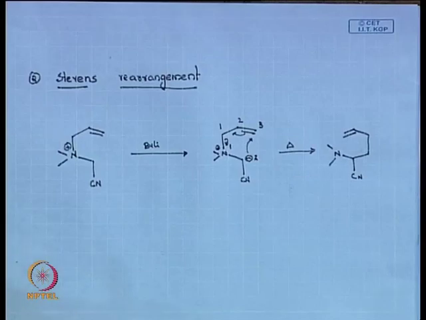Good reactions. This is your Stevens. First you saw Wittig rearrangement, now Stevens rearrangement. Keep all this in mind, because when you do problems you have to see this. Whenever you have an allylic system attached to a heteroatom, please think about this type of rearrangement.